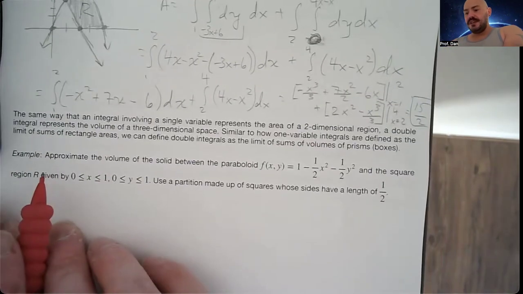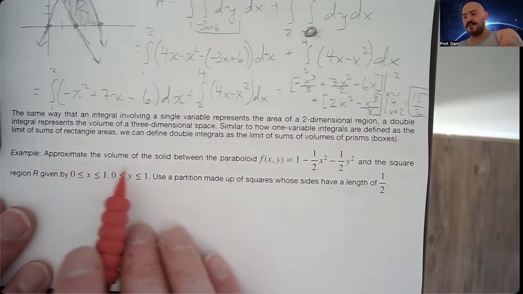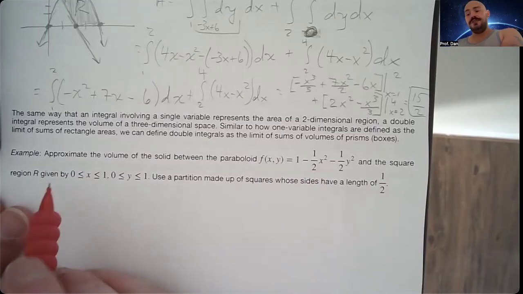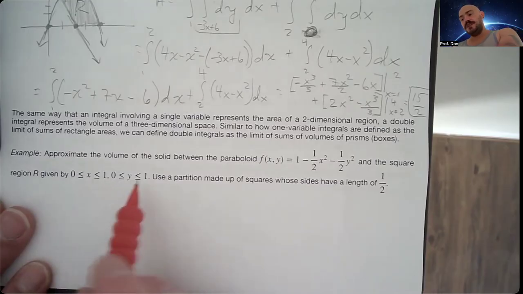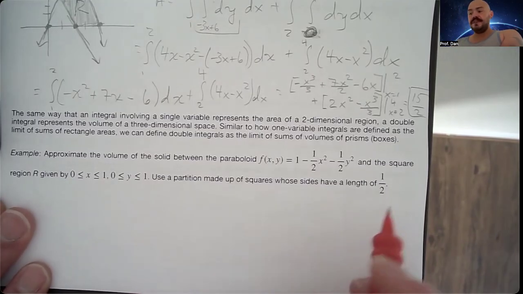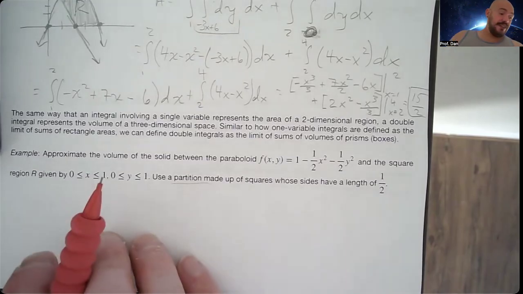So let's take a look at this first one. We want to approximate the volume of the solid between this paraboloid and a square region where x is between 0 and 1 and y is between 0 and 1. We want to use a partition made up of squares whose sides have a length of 1/2. And when you see this partition, don't get scared by that word.